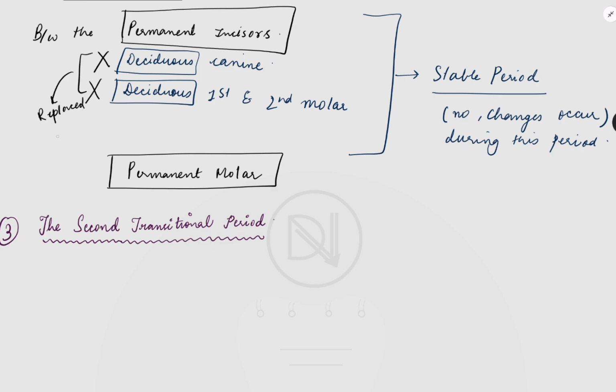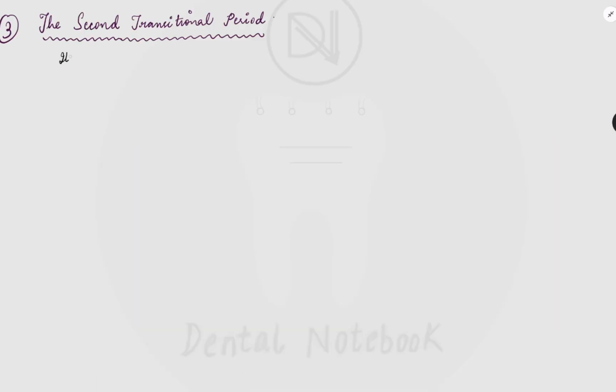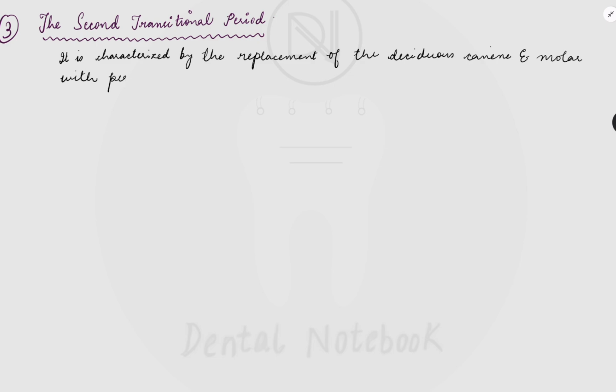The second transitional period is characterized by the replacement of the deciduous canine and molar with the permanent canine and premolars.